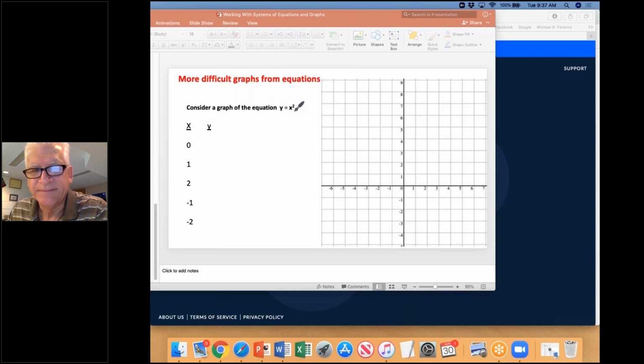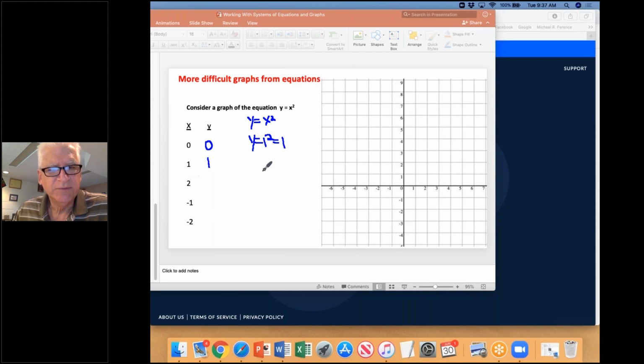y equals x squared. Okay, so I'm going to plug the values in there. So y equals x squared. So when I plug in 0, 0 times 0, 0 squared is 0. When I plug in 1, I get y equals 1 squared, which is 1.